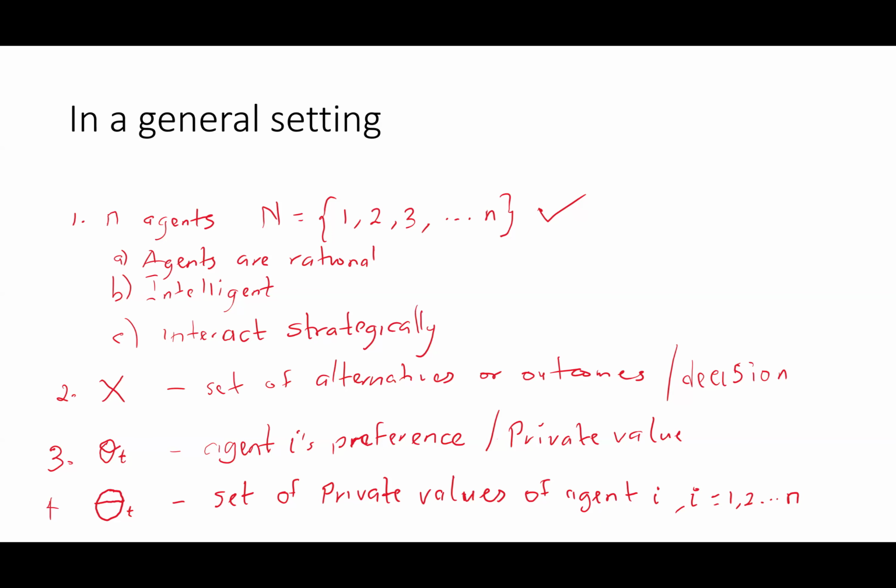Now, this agent's preference is also coming from the set of private values of the agent. It's like, let me say that if I get this, it's better. But if I don't get it, I would prefer this better than that, right?